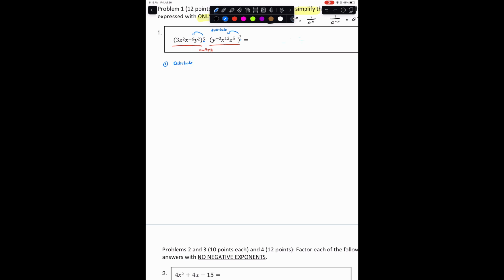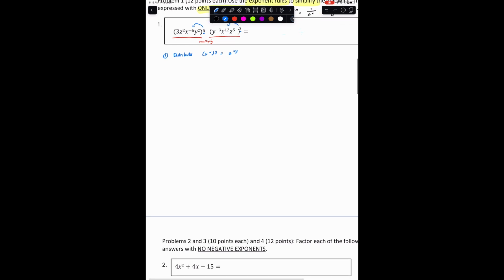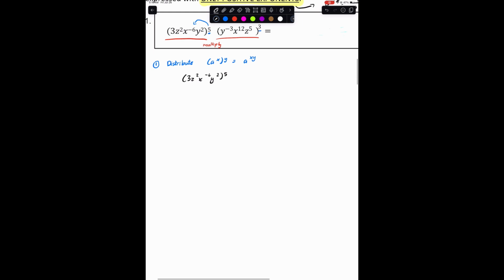As a reminder, this law is a to the power x, to the y, is equal to a to the power of x times y. So for our first term, 3 z squared x to the negative 6 y squared, all to the fifth, I will simply multiply each of the exponents on the inside by 5.